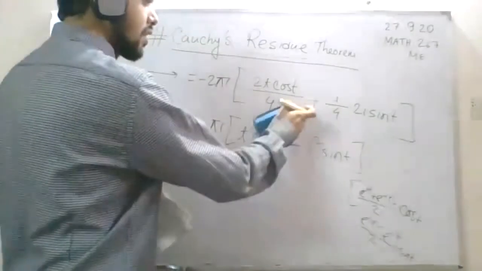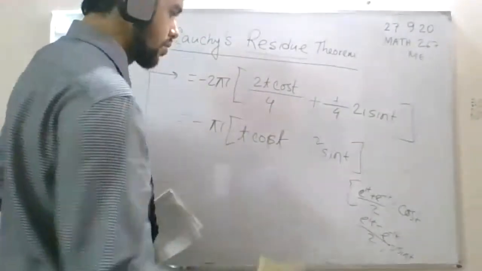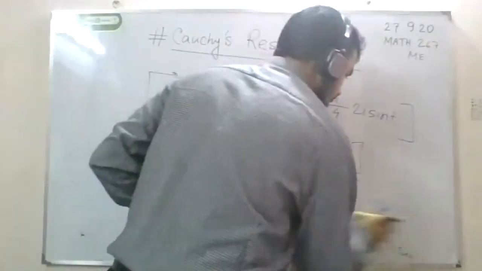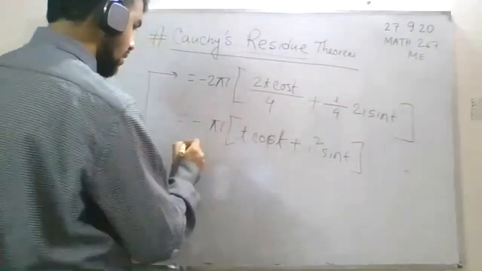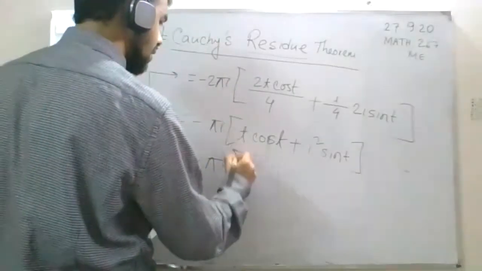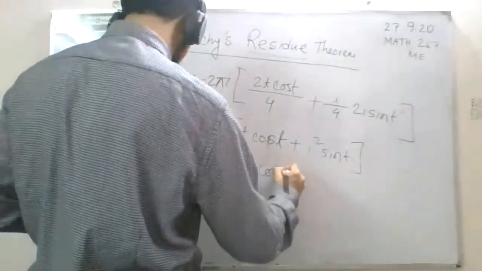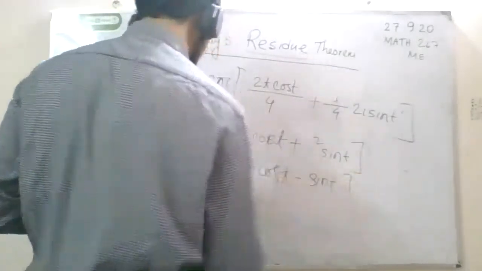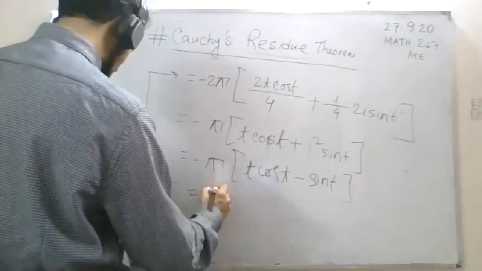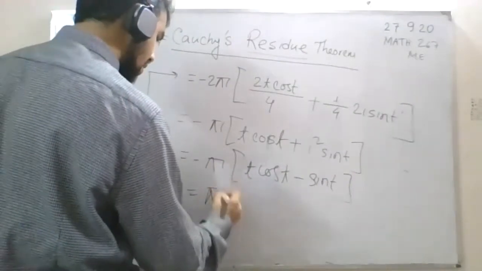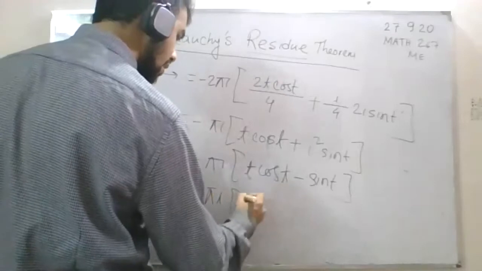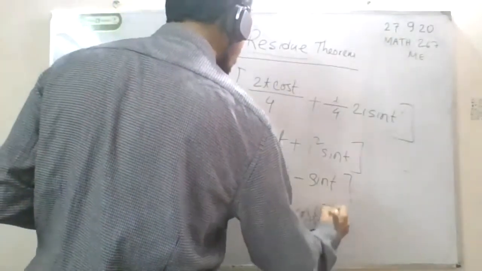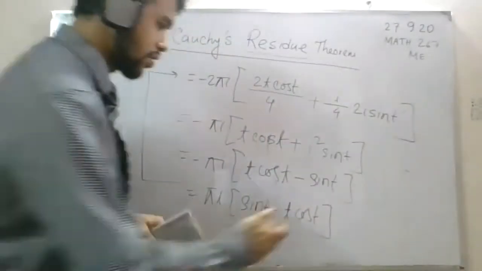So here this is plus, not minus. And from here you can say pi I, here t cos t, and also minus sin t, and after that take this minus and multiply this minus sign here. You can say this is sin t minus t cos t, which is proved or shown. Okay.